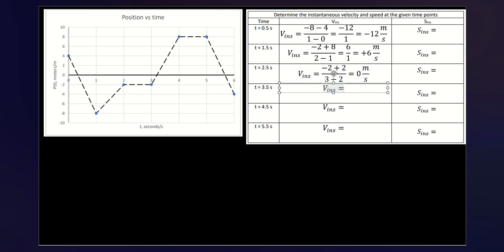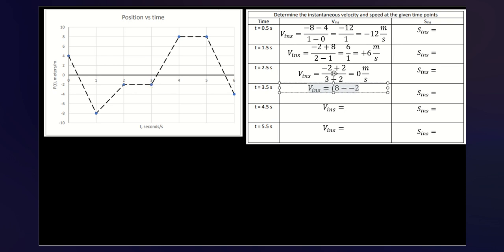So looking at 3.5 seconds, well, if we look at 3.5 seconds, our graph, the dashed line, is this part right here. So we're actually on this line. So calculating the slope of this particular line segment, our final y-coordinate would be +8. And we're going to subtract from that our initial y-coordinate of -2.